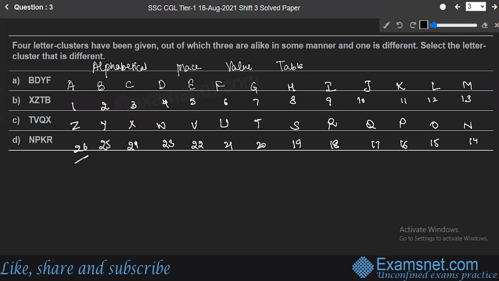Okay, so now the very first option, B, D, Y, F. You have to choose out of A, B, C, D which one is different. So let's write down the very first one, that is B, D, Y, F.